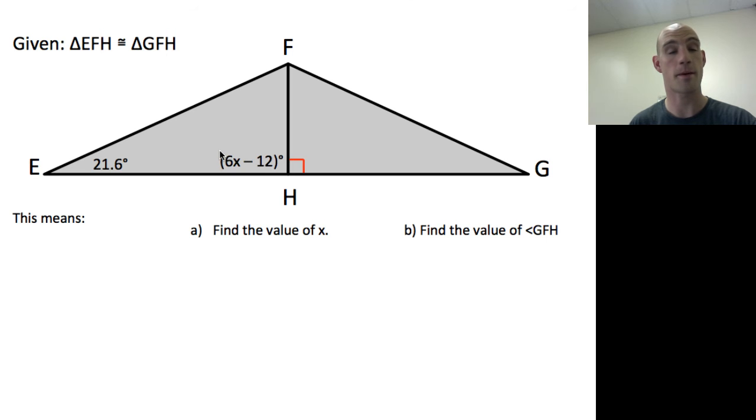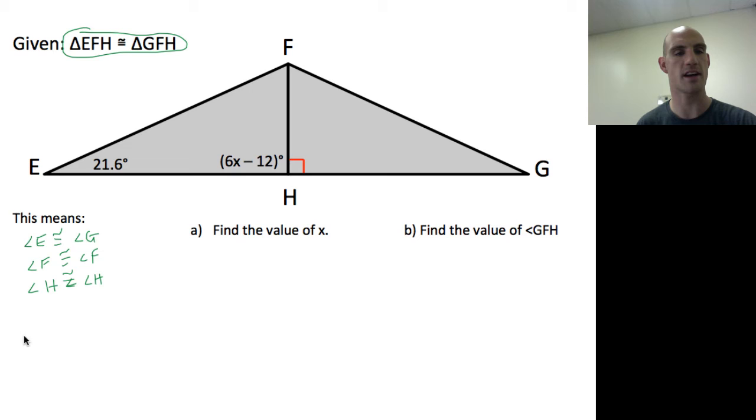In this example, we're going to look at two triangles that are sitting right next to one another. We have a congruent statement here that tells us about the two triangles. Now you'll notice they share two vertices, but this still means that angle E is congruent to angle G. It means that angle F is congruent to angle F, and it means that angle H is congruent to angle H. It also means something about the three sides.